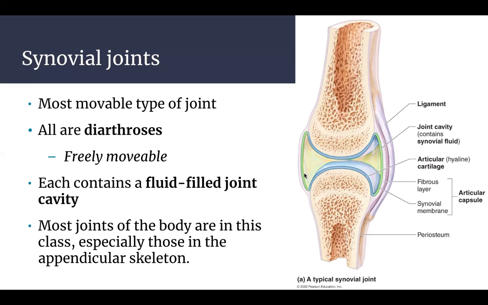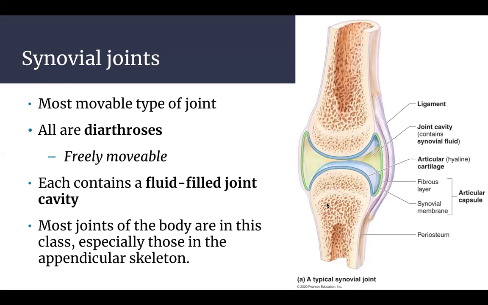As you can see here, we now have that joint cavity. This is fluid filled and is separating the two bones that are forming the joint. When we've looked at the previous structural classifications, we've always been saying there's no joint cavity there. Instead, the connective tissue is running directly across the gap between the two bones. With the synovial joints, we are not seeing that.